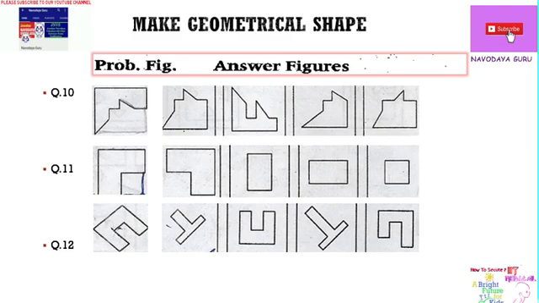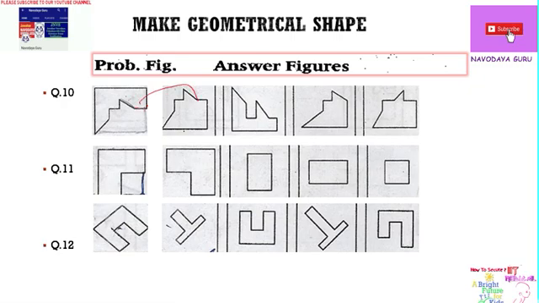Let's go to question number 10. One geometrical shape is given which is looking like a square, which is incomplete. The incomplete portion is given in the answer figures. We need to find out. Let's draw the incomplete portion. Let's put the outside boundary. When we put the outside boundary, we can see that this particular line is matching with this.